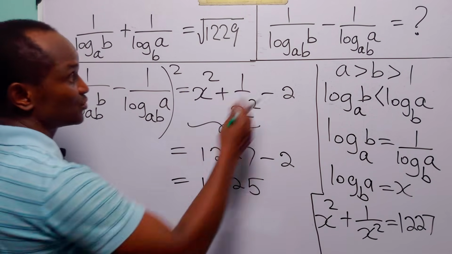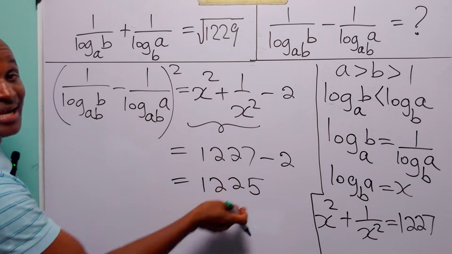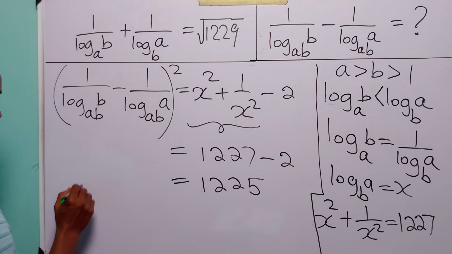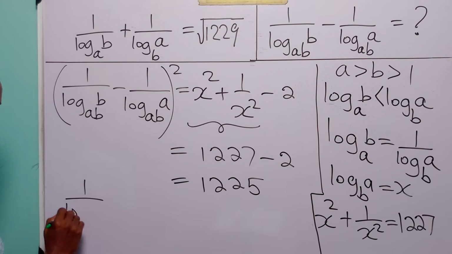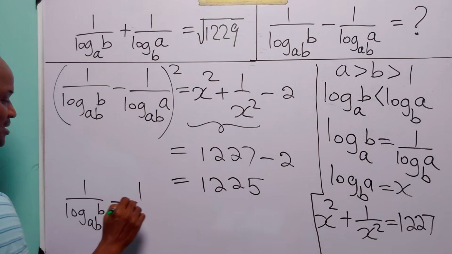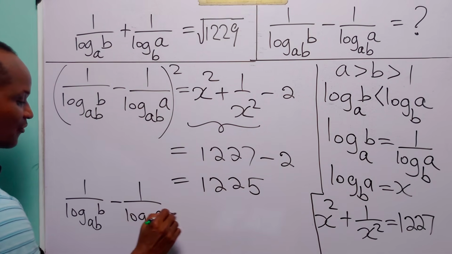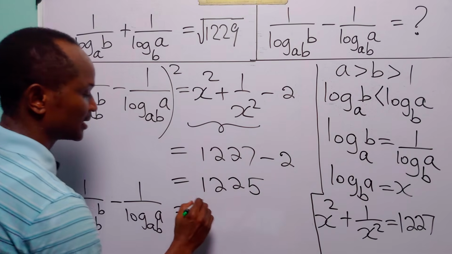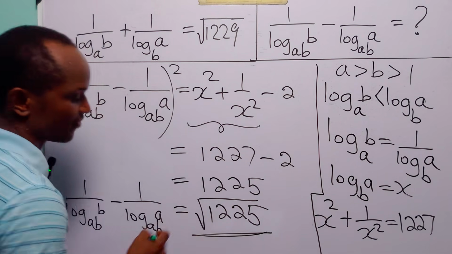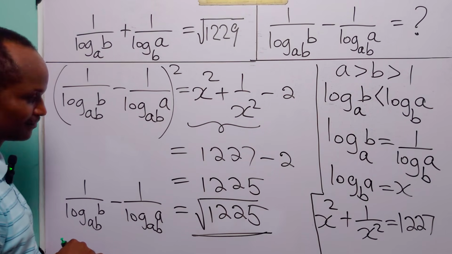Now, all we have to do to find the value of this is to take the square root of both sides of this equation. When we do that, we have that 1 over log to base AB of B minus 1 over log to base AB of A is equal to the square root of 1225. So this is the answer that we are looking for.